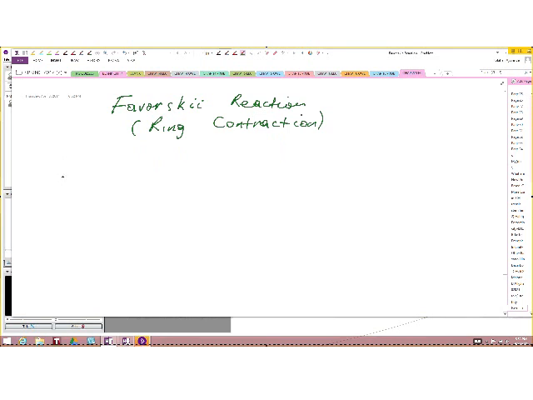Now, if you recall, we told you that you could take a ketone, take hydroxide in the presence of bromine, for example, and you could get this, to get alpha bromination.